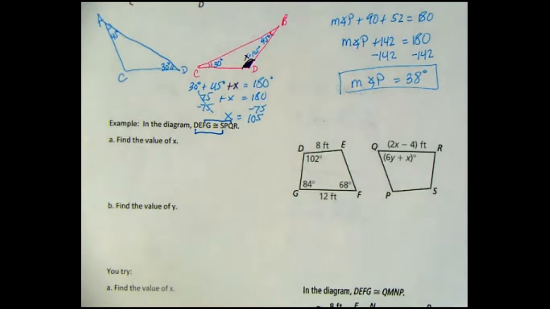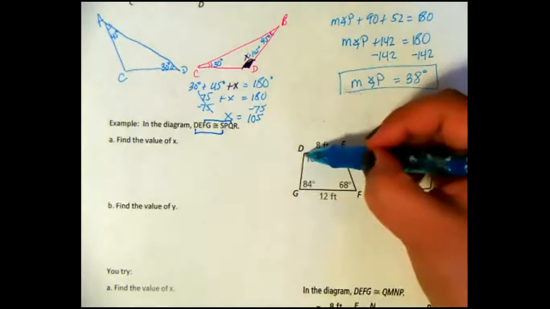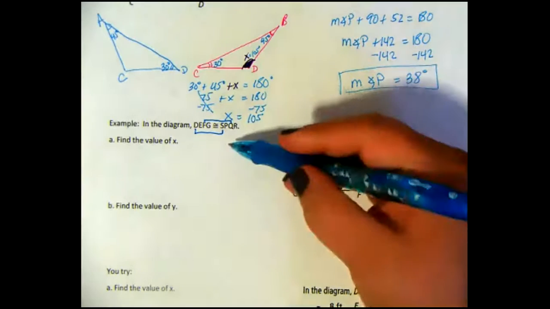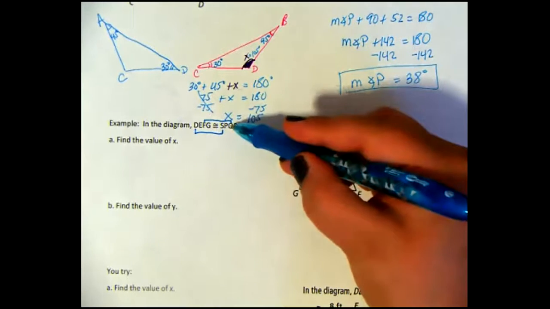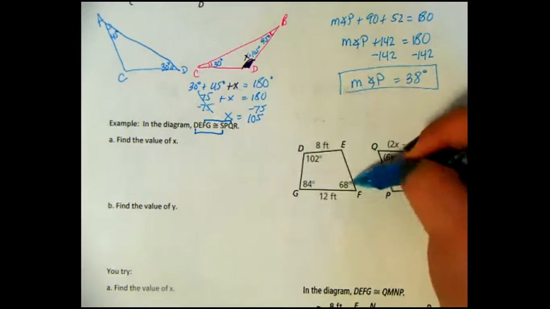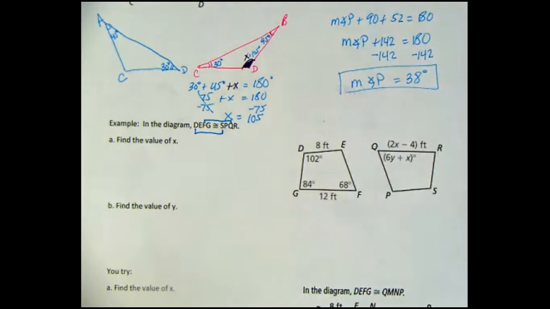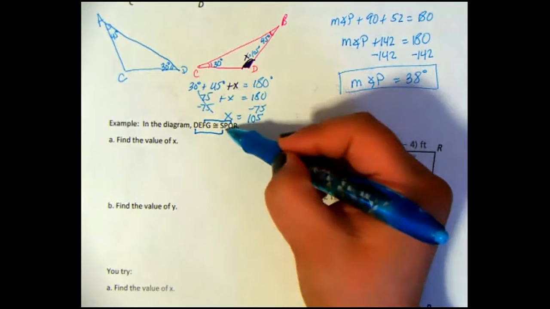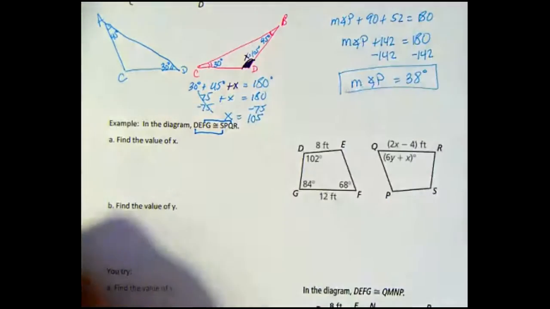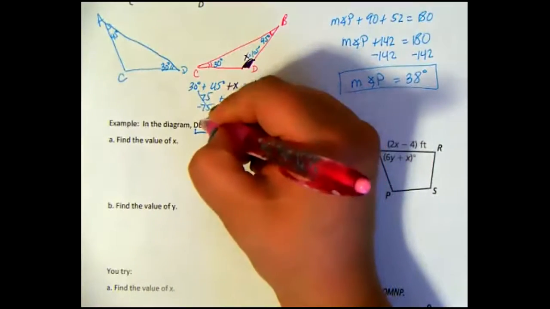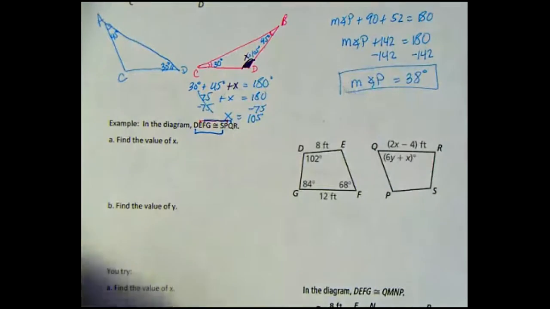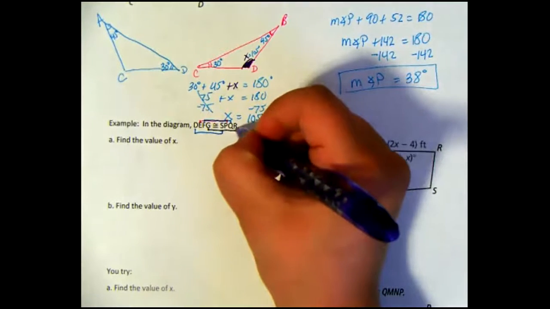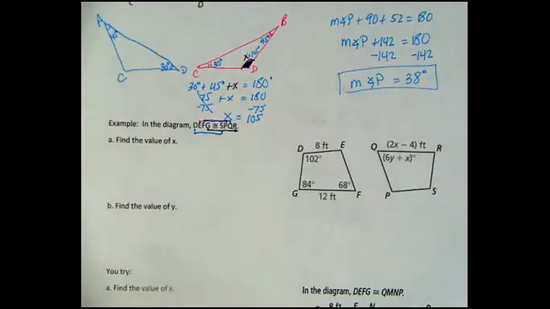So angle D is going to be congruent to angle S. And then angle F will be congruent to angle Q. E will be congruent to P. And of course, G will be congruent to R. It's all about the placements, right?